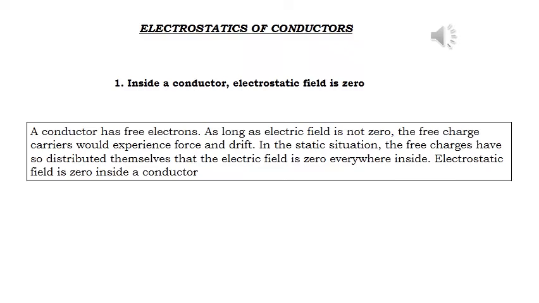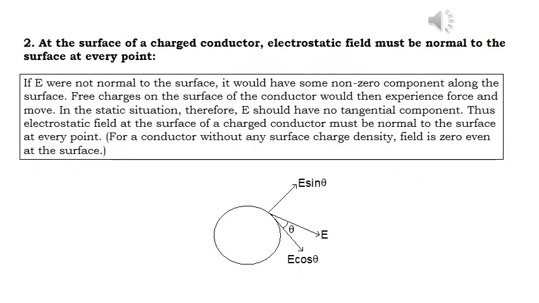As long as the electric field is not 0, the free charge carriers would experience force and drift. But in a static situation, this won't happen. So the free charges distribute themselves so that the electric field is 0 everywhere inside the conductor. So the electrostatic field is 0 inside the conductor. This is the way to conclude this.